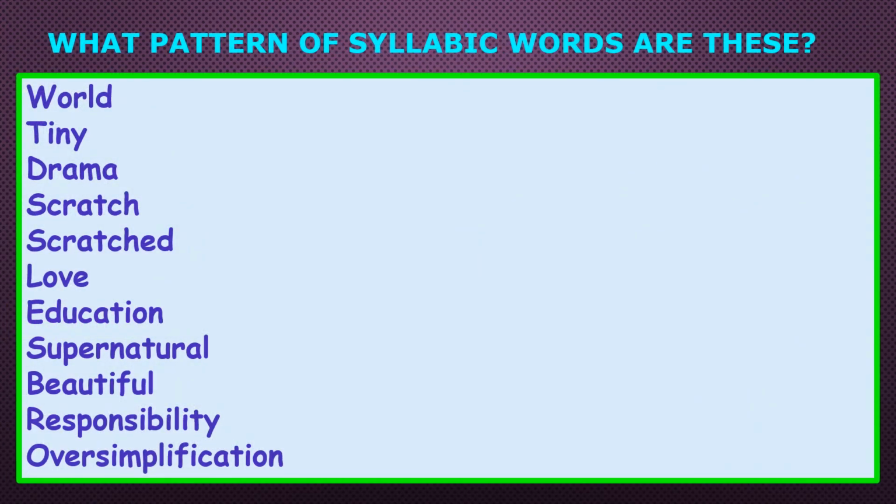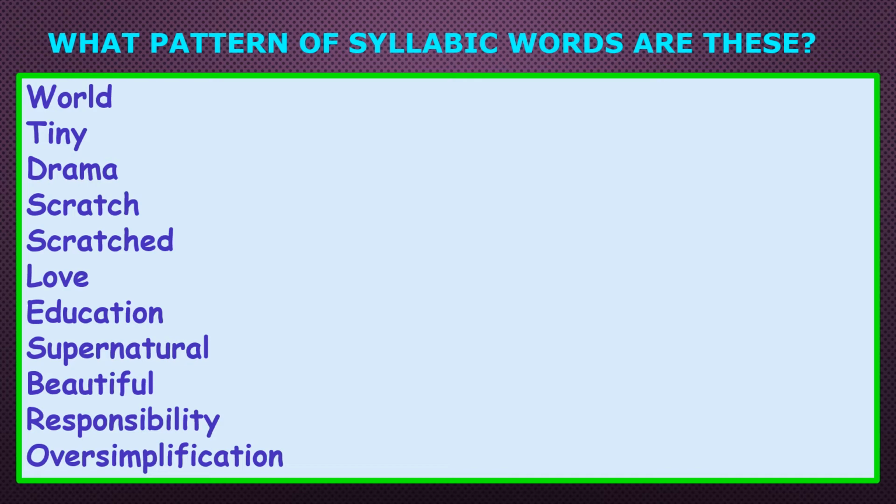What pattern of syllabic words are these? We have some words here. I want you to tell me the pattern of syllabic words they are. Is it mono, disyllabic, trisyllabic, or polysyllabic? Remember, poly can be used for anything more than one, but I would like you to use bi or disyllabic and trisyllabic if they have two or three syllables respectively.